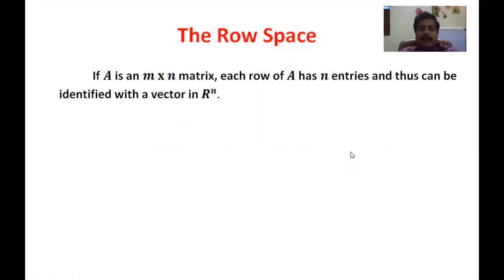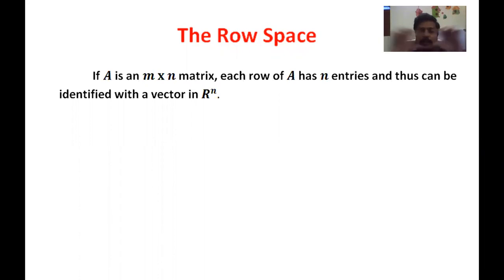If A is an m by n matrix, each row of A has n entries and thus can be identified with a vector in Rn. So an m by n matrix has m rows and n columns. Each row has n entries since there are n columns.